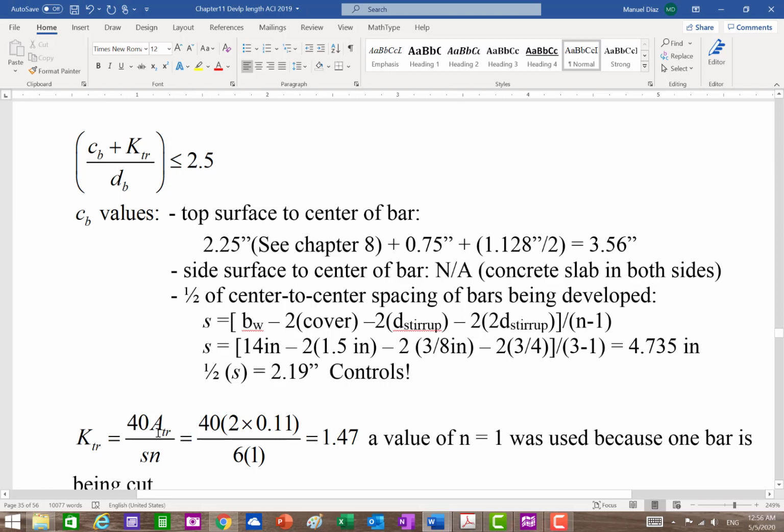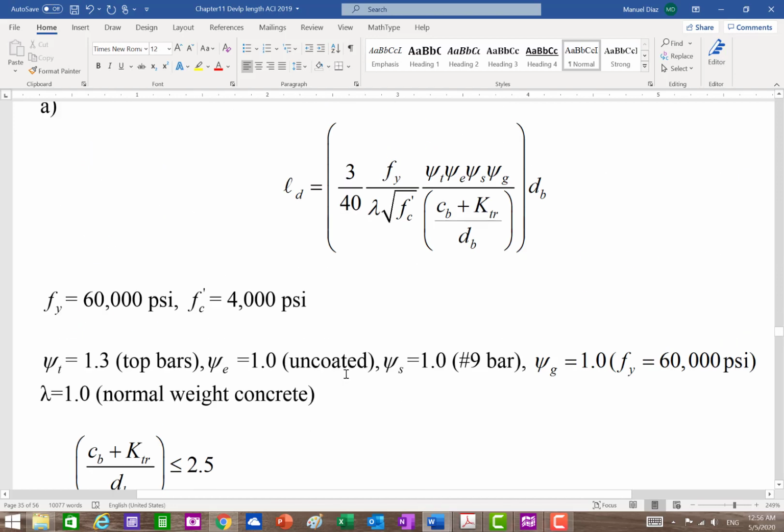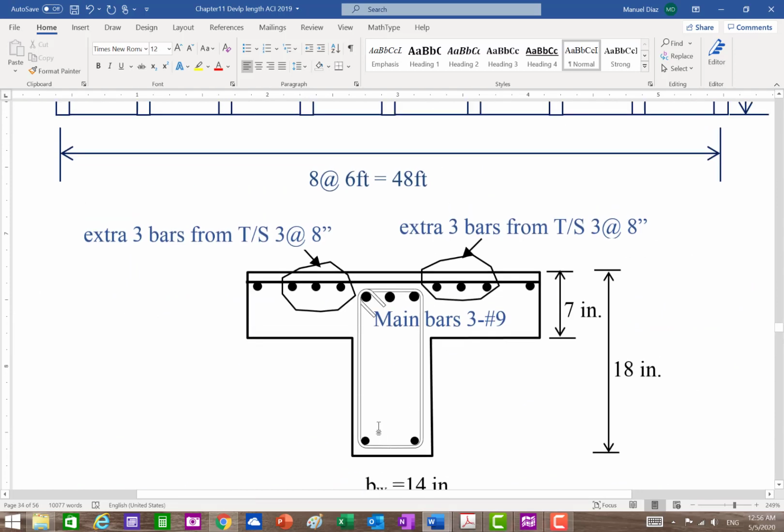The area of the AT bar, well, we only got 2 legs, right? And the spacing is controlling, so it's going to develop that crack here in there. So you can conservatively do only 1 leg, or you can do just the 2 legs.